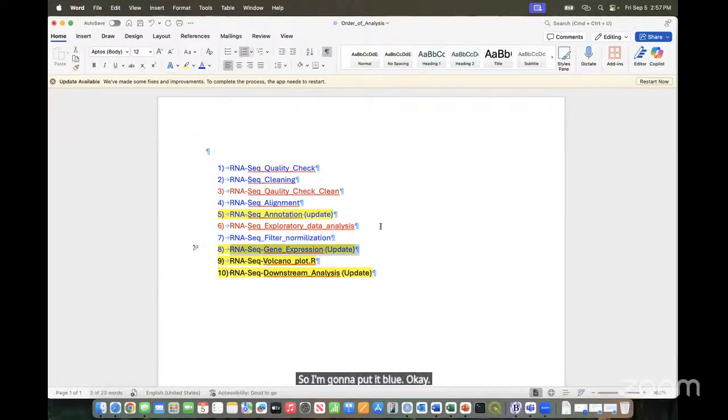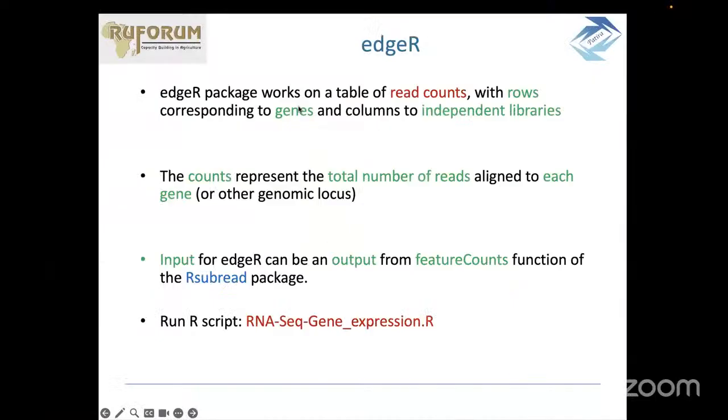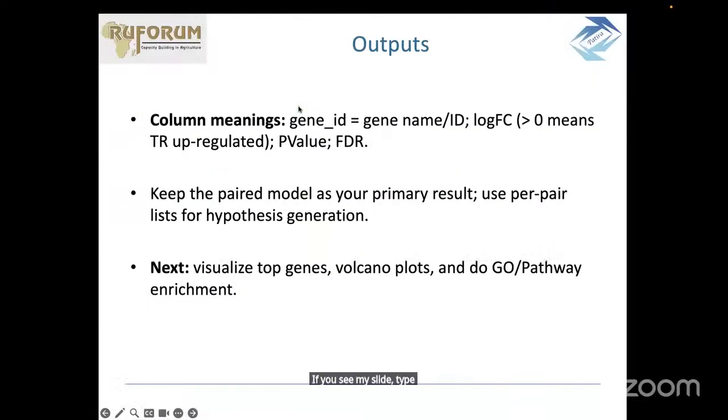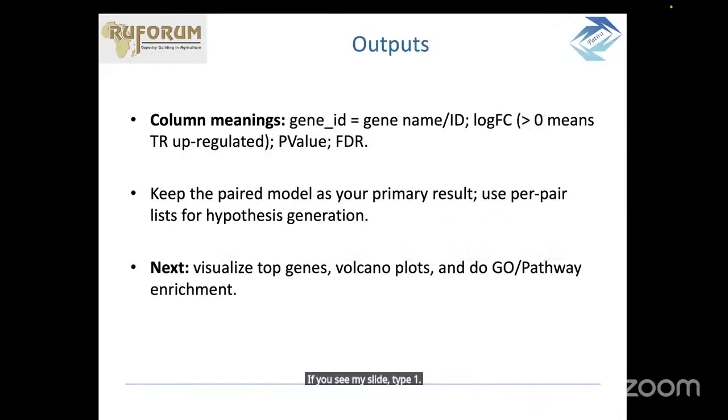So now I'm going to go and explain what the results were. If you see my slide type 1, this is what's going to be our output. We'll see that later. The output will have different columns.